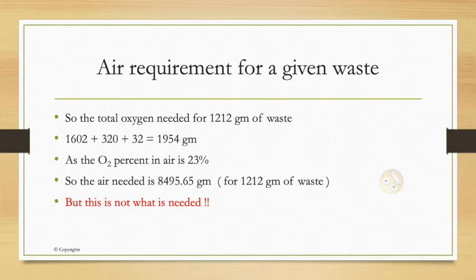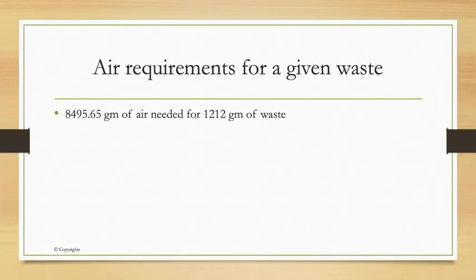However, this is not what we need because the question is the amount of air needed per 1 ton of waste. Now, we said that 1,212 grams of waste needs 8,495.65 grams of air.